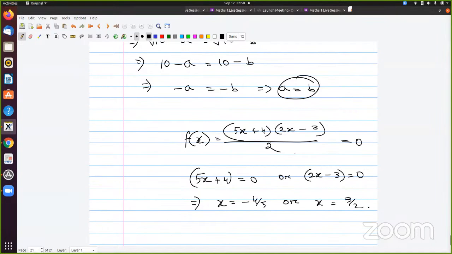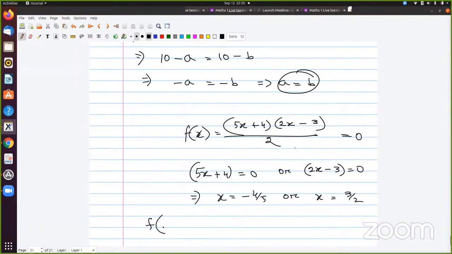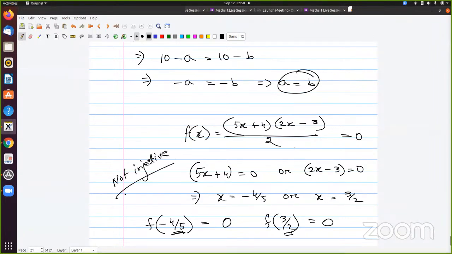Now, what is f of minus 4 by 5? 0. What is f of 3 by 2? 0. So two elements are going to the same number, 0. So is it injective? No, sir. Is it clear? Yes, sir. Okay, fine.